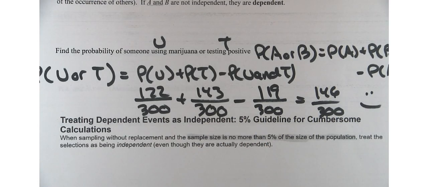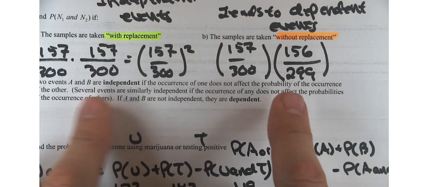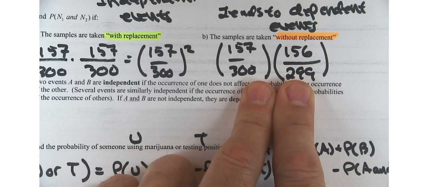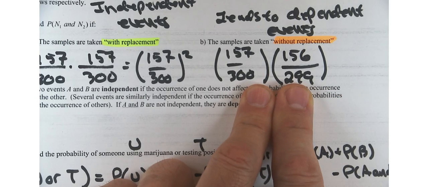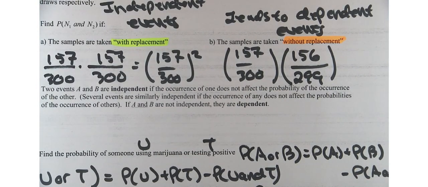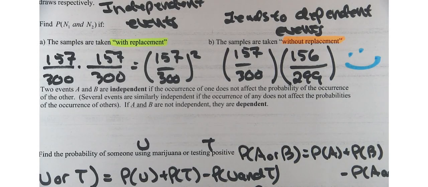When writing our final answer, the 157 over 300 and 156 over 299, that would be the final answer? Yeah, I'd be happy if you just left it there. I don't really see much benefit to me for you multiplying it out. Like I like to say, my inner child would be doing somersaults if you got that answer.